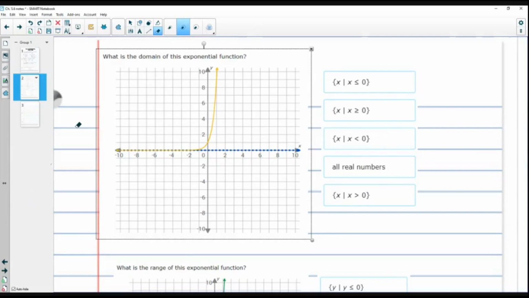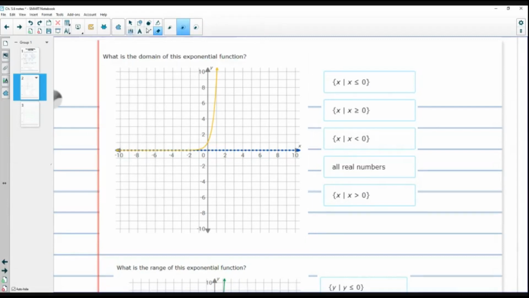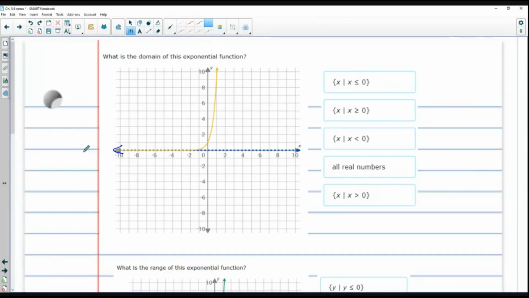Okay, so look at this question. It says, what is the domain of this exponential function? Remember, domain is all of your x values. So if you look at your x values, for sure this arrow means it's going to be all the negative x values. And then when you get to the right side of it, what's happening here on this yellow exponential graph? Do you see how it keeps going on and on and on, right?